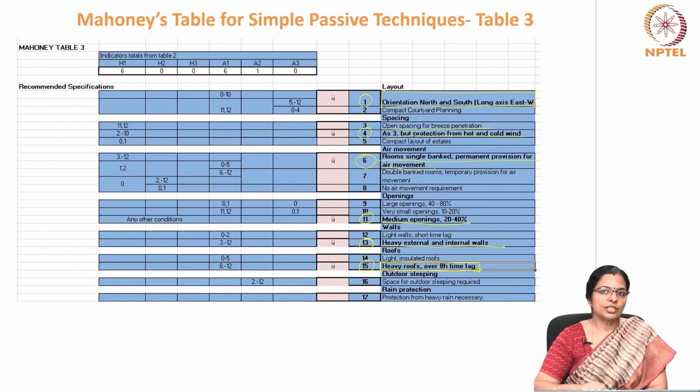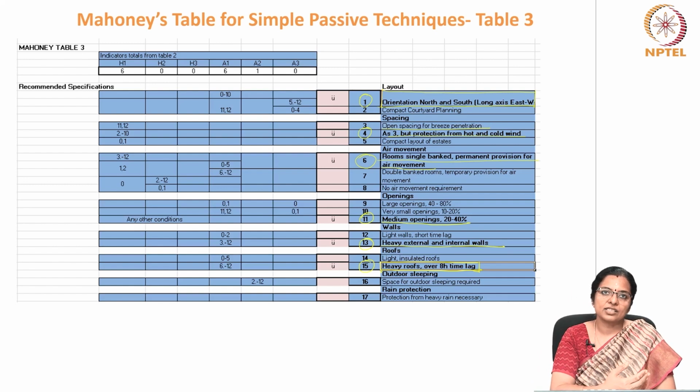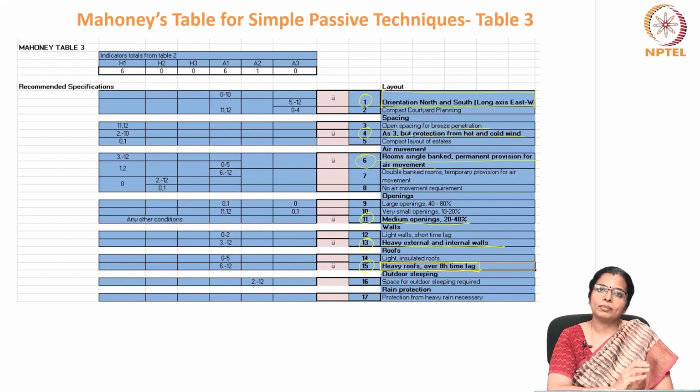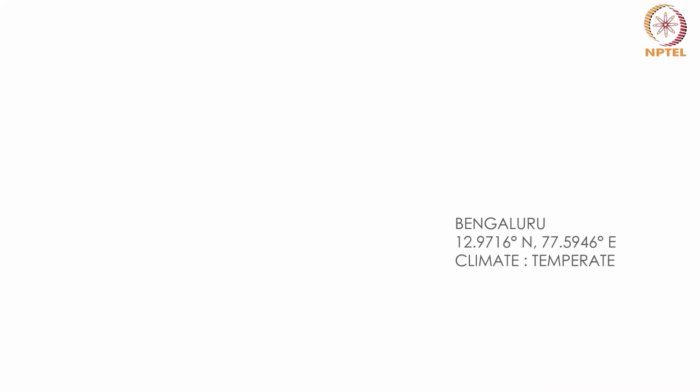Now, this is an age-old table, but I thought it is important for you to know the existence of the table and how people started their design right from Mahoney's table. Today, we have the climate consultant. So, we saw how we must select the passive strategies with the help of Mahoney's tables.